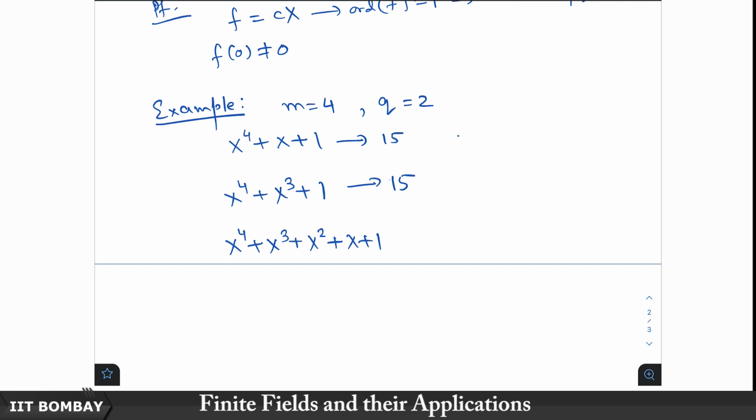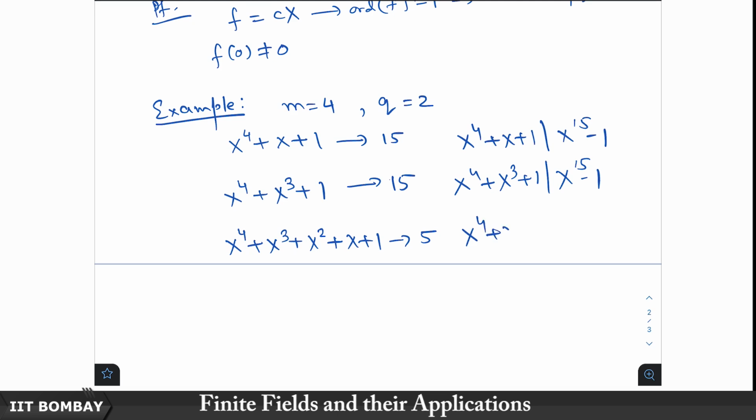So, 15 is the smallest number for which x power 4 plus x plus 1 divides x power 15 minus 1, and 15 is the smallest number for which this also divides x power 15 minus 1, but the order of this is 5. This is irreducible of degree 4, but it has a smaller order 5, because x power 4 plus x cube plus x square plus x plus 1 also divides x power 5 minus 1. So, 5 is the smallest number for which this happens. So, the order is 5. So, these are the orders of these polynomials.